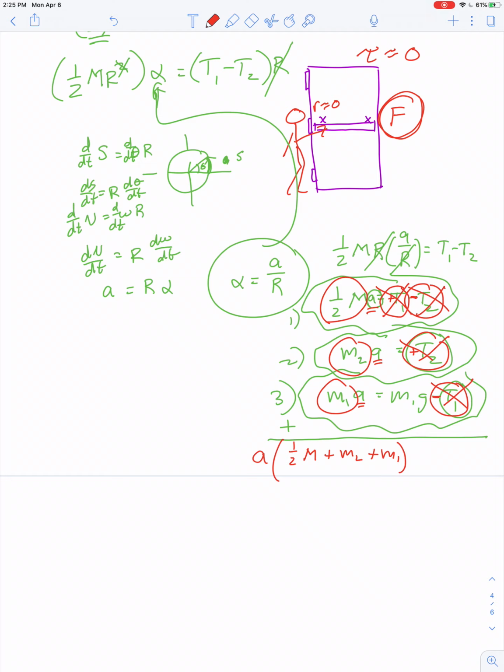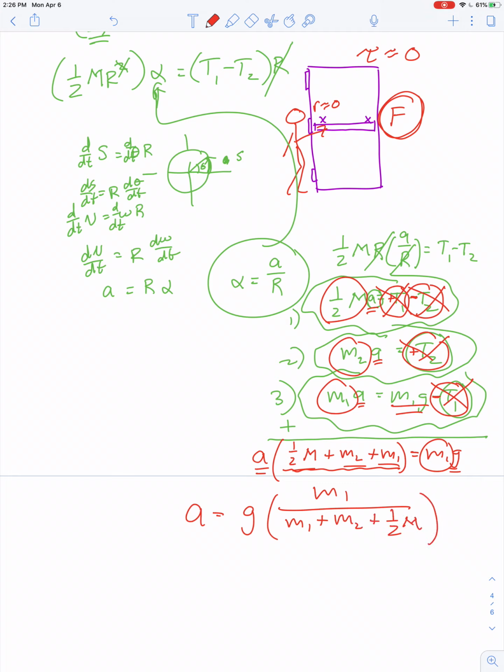The vertical and horizontal tension cancel out when I add this up, and then all I'm left with is just the M1G on the right side of the equation. So if I just divide and rearrange a little bit, I get A is equal to G times M1, divided by all of this, which I'll write in the other order: M1 plus M2 plus 1/2 M. Does that look familiar?